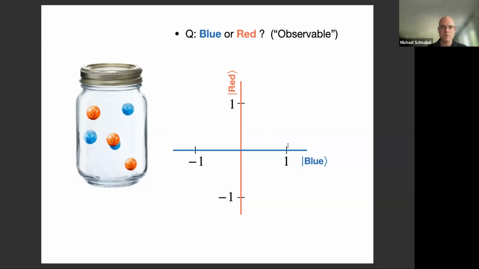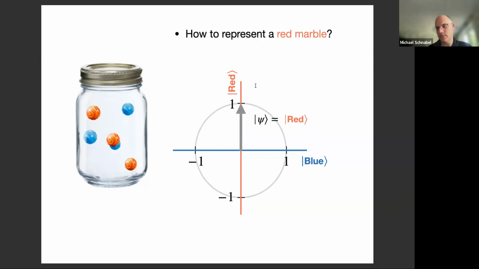And so how do you represent a red marble? We want to represent it by a state. You remember that a state is a vector in a Hilbert space, which has a length 1. So that's the only ingredient we need. It has to be normalized such that it has length 1. And this doesn't define its direction.